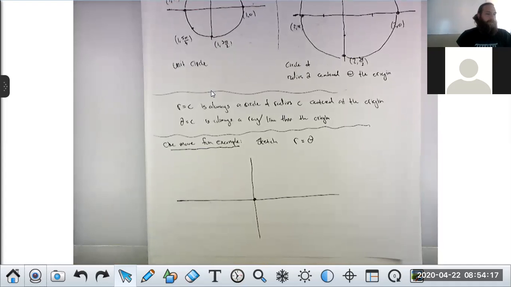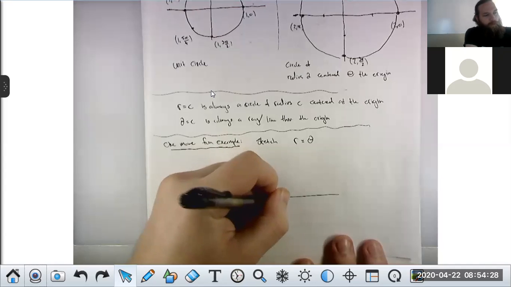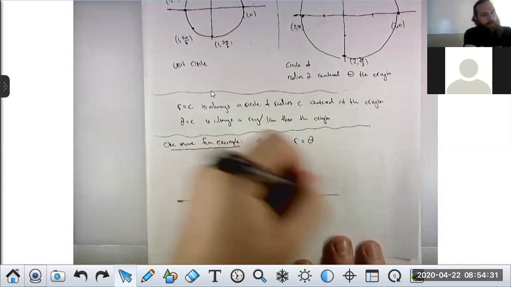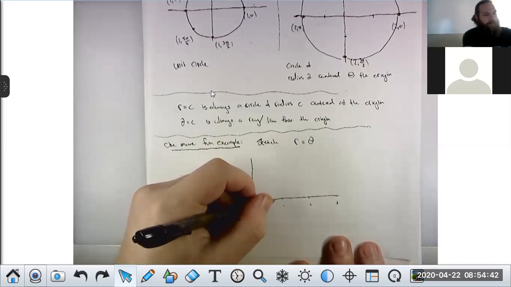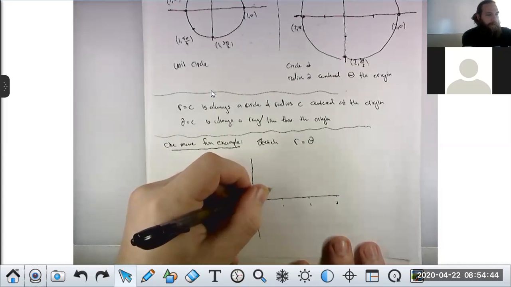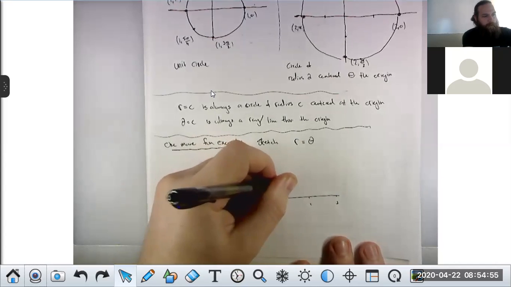If theta is pi over 4 radians, pi over 4 is a little bit smaller than 1. And so if I mark, say, here as 1, and here as 2, and here as 3 along my polar axis, then the radius pi over 4 is a little bit smaller than 1. It's like 3/4. So if I take that point and I rotate it up to pi over 4 radians, here's the point pi over 4, comma, pi over 4.